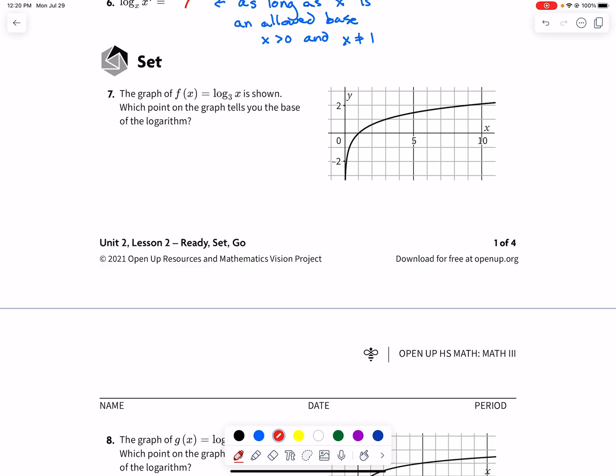Alright, going on, we have log base 3 of x. What tells you the base? Okay, so just as an answer, the point is 3, 1.